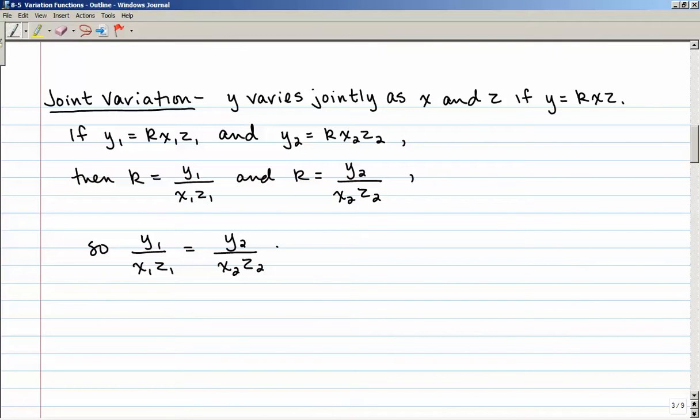So, given 2 sets of values, if y1 is equal to k times x1 z1 and y2 is equal to k times x2 z2, solving each of those equations for k by dividing by x and z, k is equal to y1 over x1 times z1, and k is also equal to y2 over x2 times z2. So substituting, since the k's are equal to each other, y1 over x1 z1 is equal to y2 over x2 z2. Let's take a look at an example.